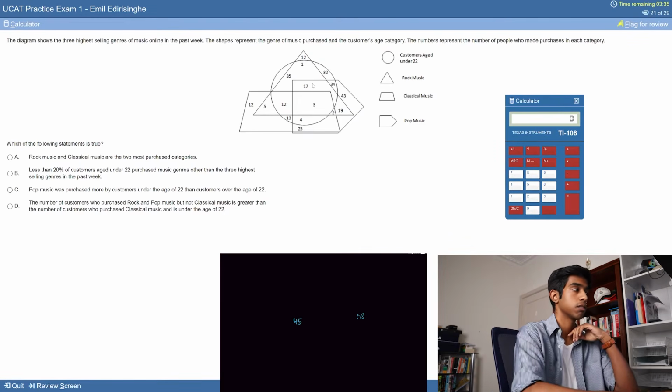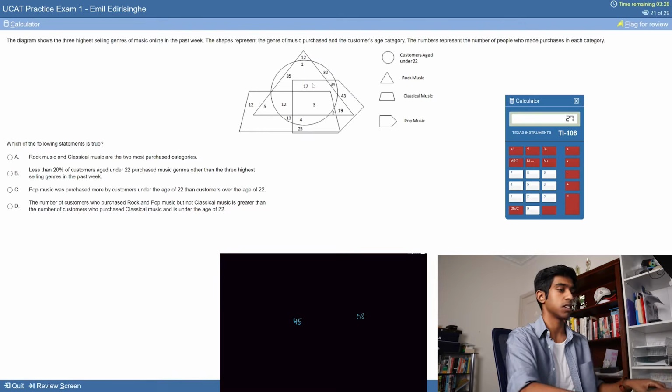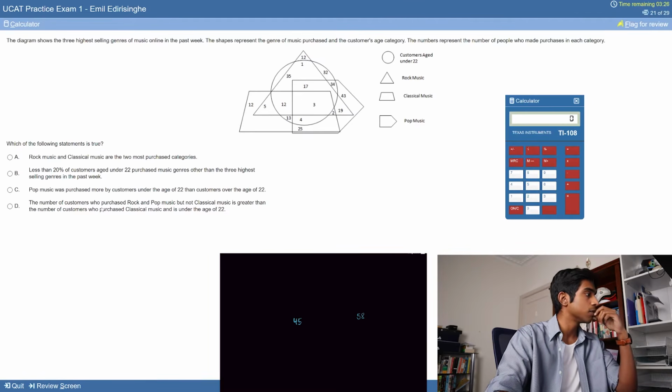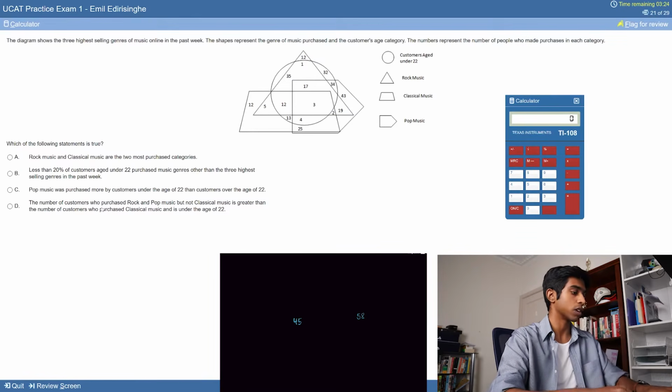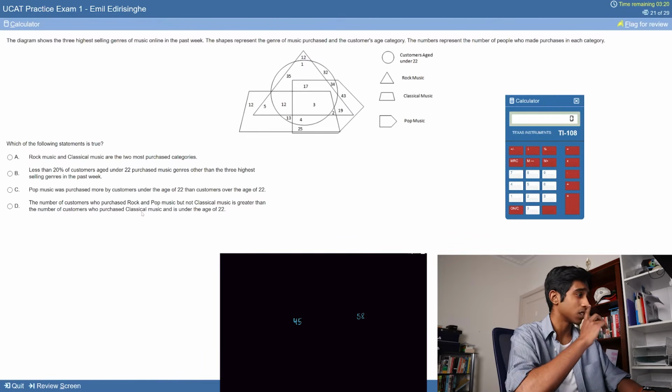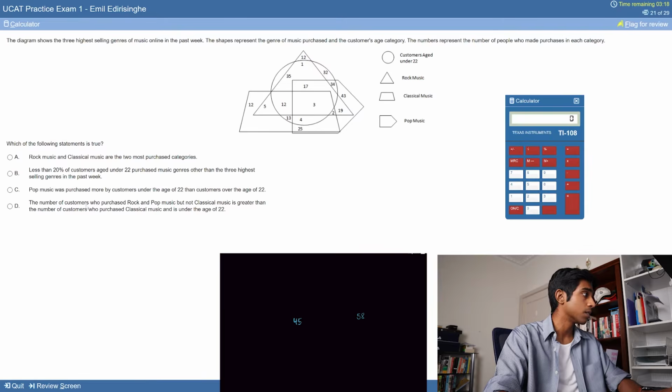And then you have 25 plus 2 plus, oh no, it's not going to be C. Number of customers who purchased rock and pop, but not classical, is greater than the number of customers who purchased classical music and are under the age of 22. Alright, so rock and pop is here and here and here and here, but not classical, so that's 19.